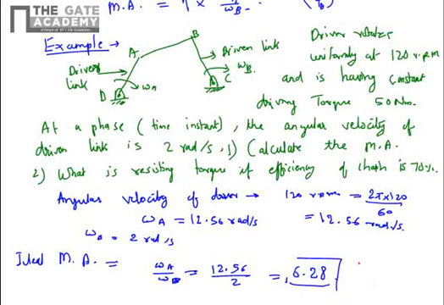This is the answer of part 1, to calculate the mechanical advantage. Now you should have noticed here that for calculating the mechanical advantage, we didn't need the information about the torque which is provided here. This will be used in the second part of the problem to calculate the resisting torque, but for calculating the mechanical advantage, you don't need the amount of torque.